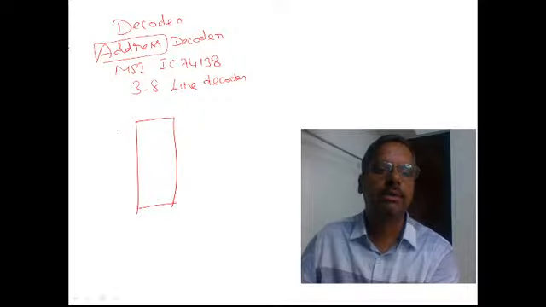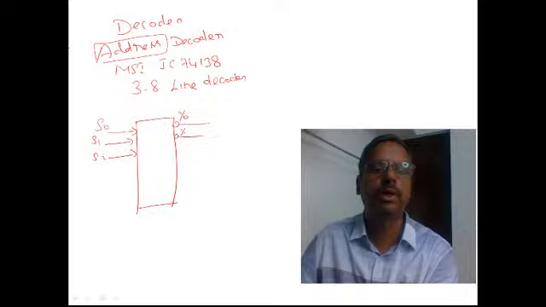It will have three selection lines, S0, S1, and S2. Because it's a 3 input and 8 output decoder, it will have 8 output lines, Y0, Y1, and so on. Maximum 8 lines will be available here, up to Y7.